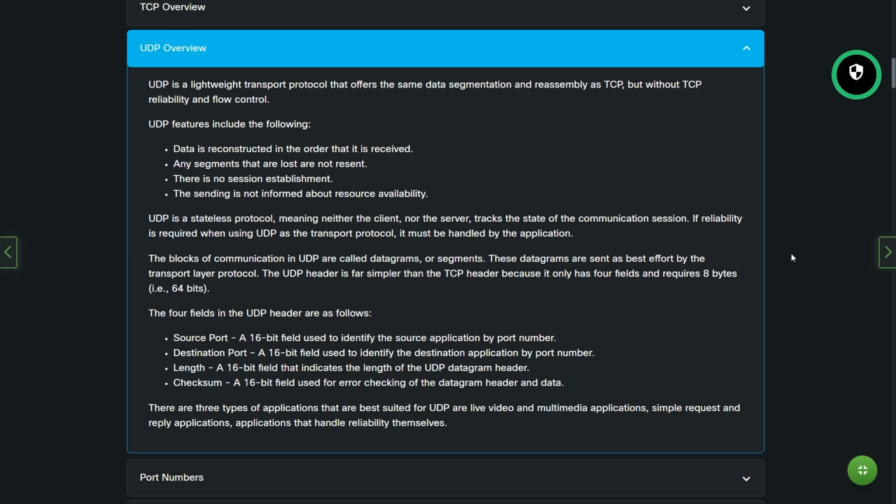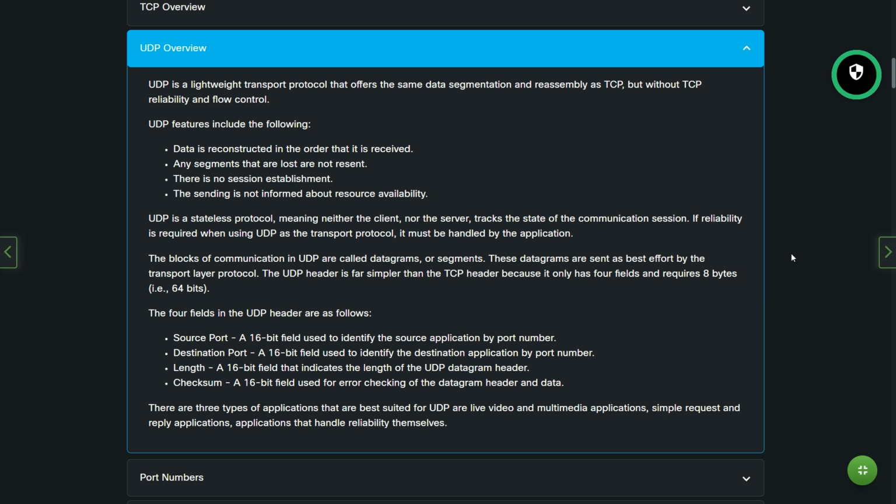UDP is a lightweight transport protocol that offers the same data segmentation and reassembly as TCP, but without TCP reliability and flow control. UDP features include the following: data is reconstructed in the order that it is received. Any segments that are lost are not resent.